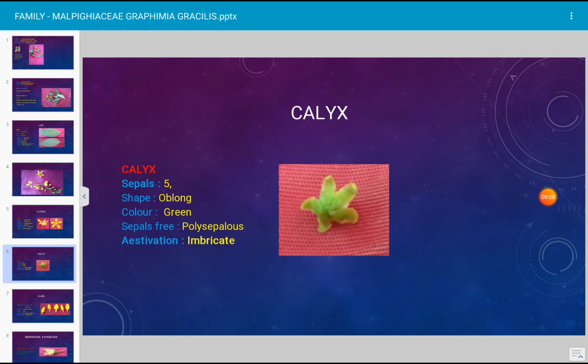That means in a flower, the arrangement of the petals is such that both the edges of one petal are outside and both the edges of one more petal are inside, and 3 petals have one edge outside and one edge inside. Such arrangement of the petals in the flower is described as imbricate aestivation. Okay, next slide.